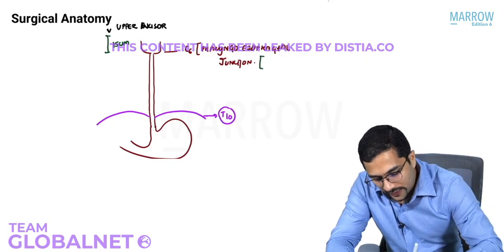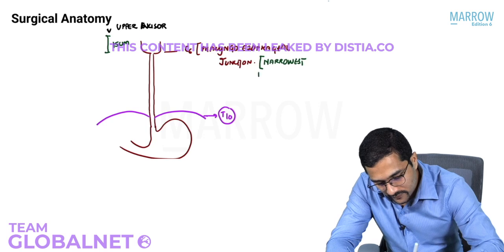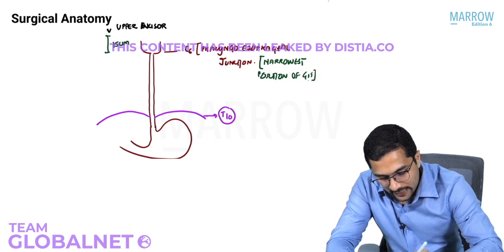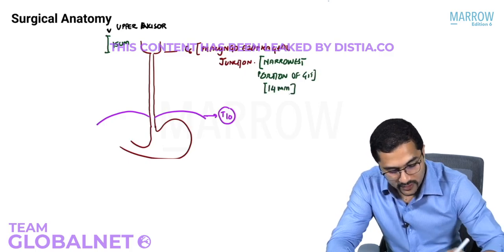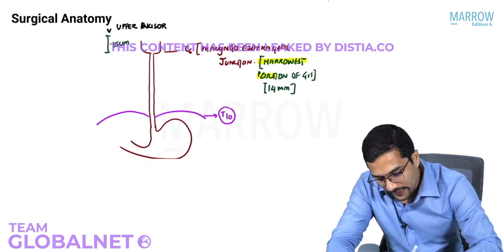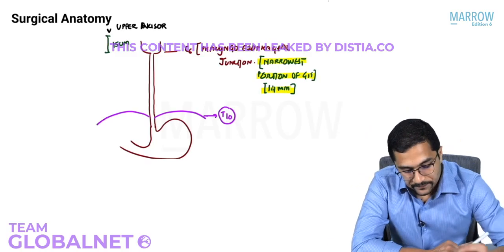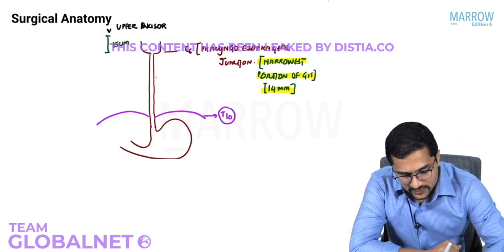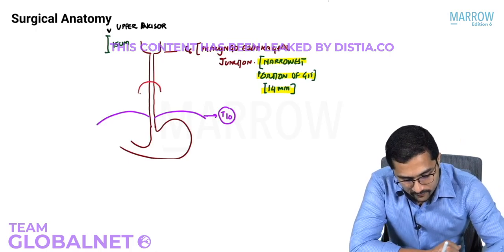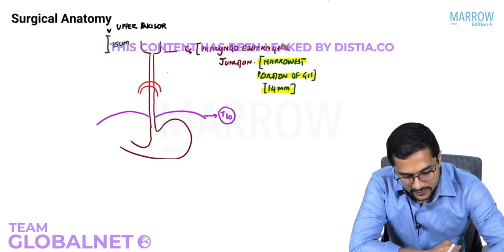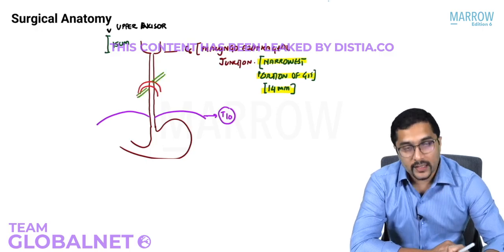This is the narrowest portion of GIT, and the diameter of the esophagus here is 14 millimeters. I'll tell you the significance of this being the narrowest portion of GIT.